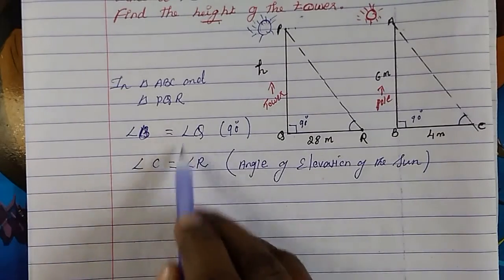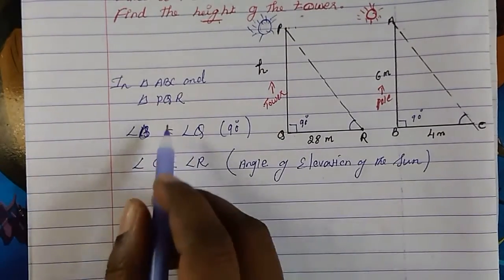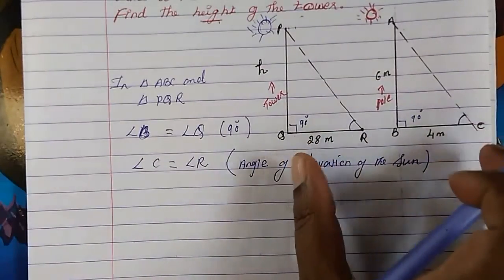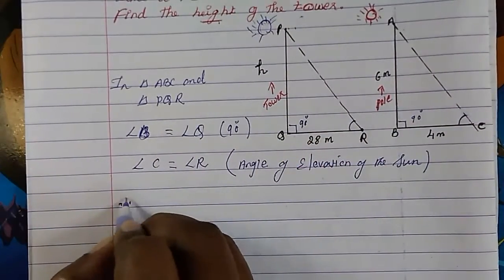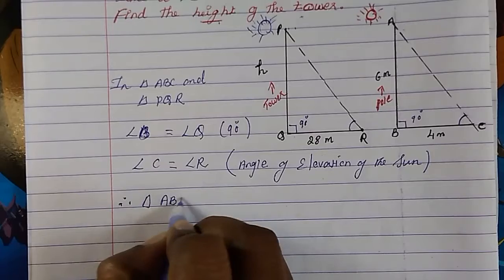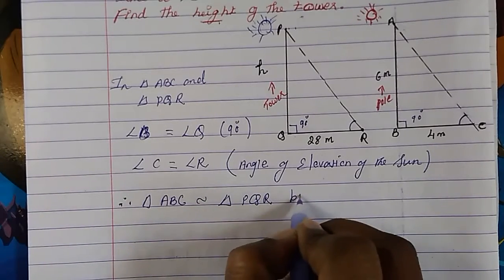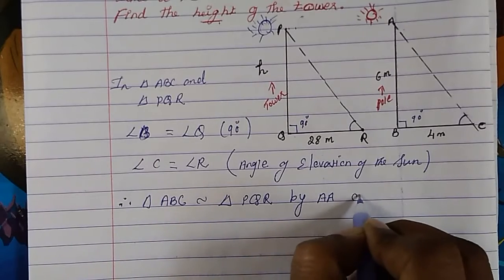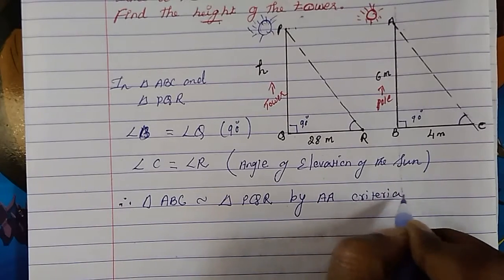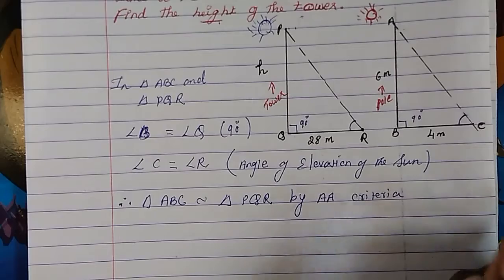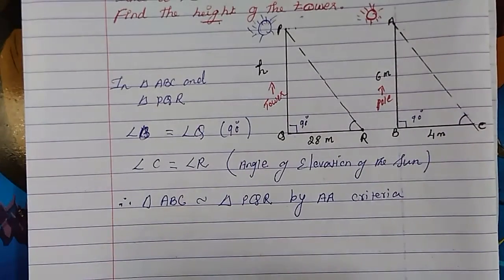So the two angles we got. Now can we say both the triangles are similar? Therefore triangle ABC is similar to triangle PQR by angle criteria. Okay, so by angle criteria, both the triangles become similar.